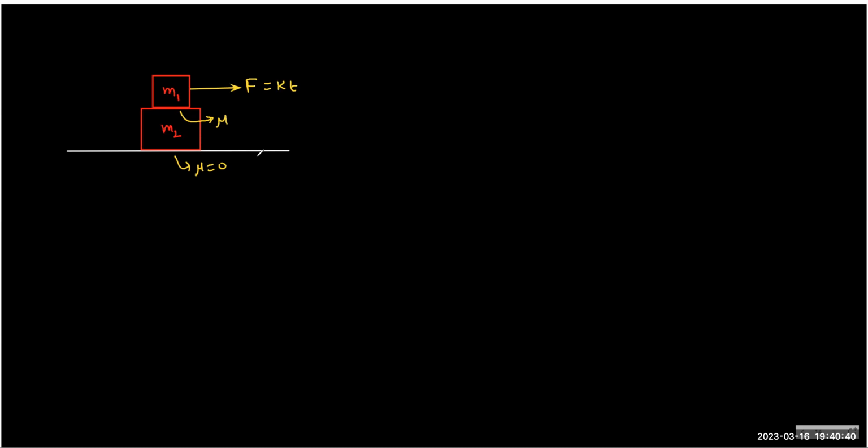Now see how we start the FBD. FBD is not started with M1 or M2. FBD starts with the force, which is the driving force. Now the problem is, sir, what happens if I have two forces, F2 and F1? Then how are you going to draw the FBD? That is a very difficult situation that we come across. Then again, the rule is the same. Assume there is no friction. What will happen?